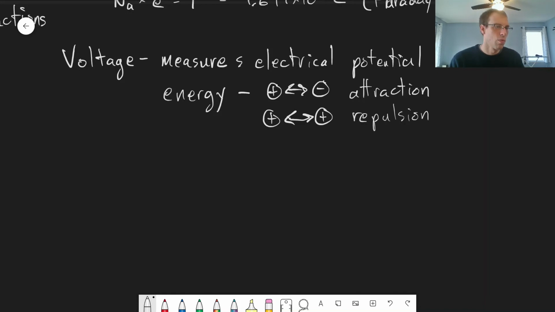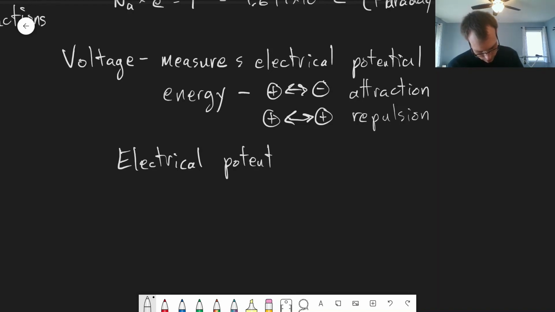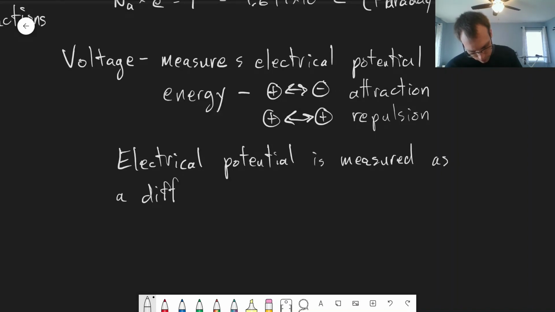And electrical potential energy is always measured as a difference, just as any potential energy has to be. So there's no such thing as just something is a voltage all by itself.